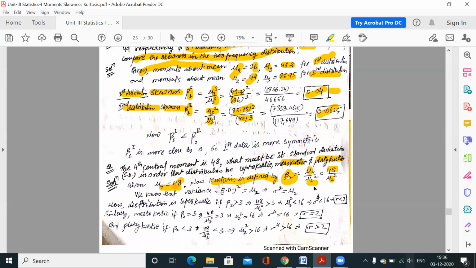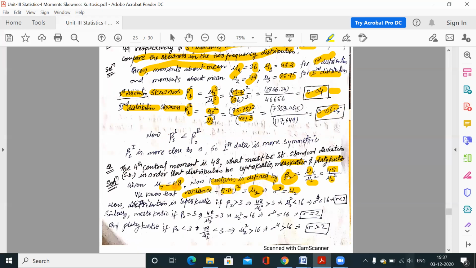This mu2, if you remember, is the variance. Variance is standard deviation square, and variance is equal to mu2. Clear? So we have to decide the standard deviation, that means the square root of this value.